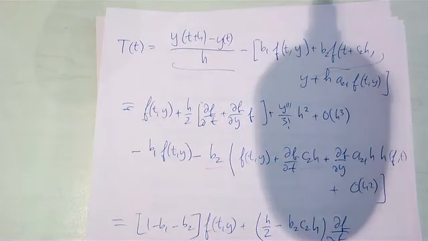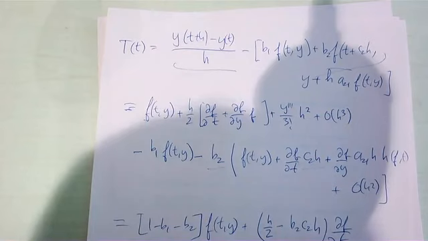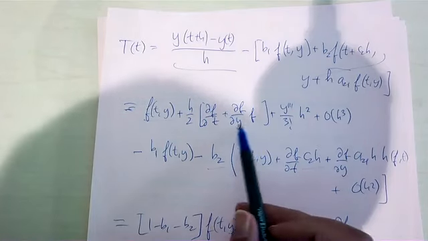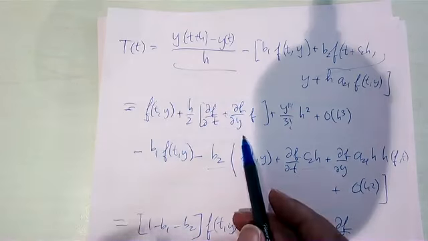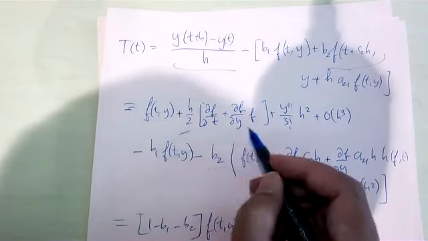So that's why I got the second term here, and then what is partial f with respect to y? So partial f with respect to y times f. Then I have h over 2 here from this one.